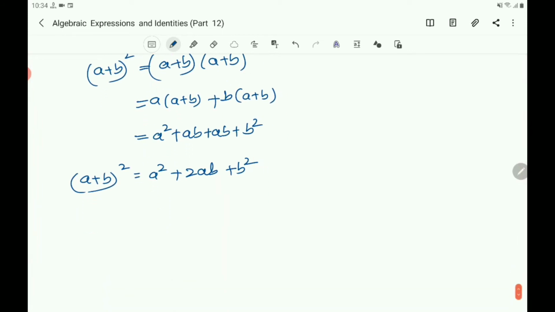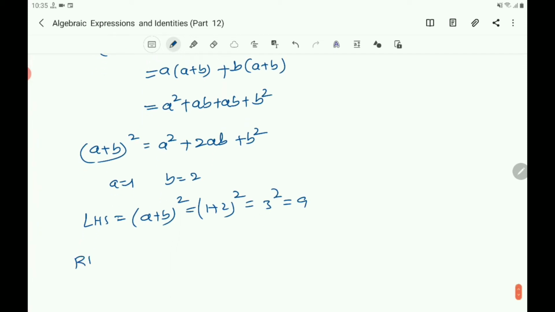Here for any value of a and any value of b, a plus b whole square equals a square plus 2ab plus b square. Find the LHS and also find the RHS, then you can have the same value. For example, let us take a equals 1, b equals 2. LHS equals a plus b whole square, that equals 1 plus 2 whole square, 3 square, that equals 9. And you take RHS.